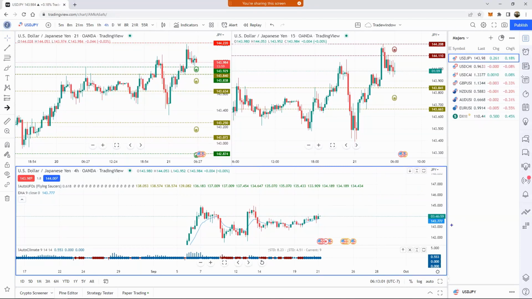However, while that gives us an edge, we also want to know where there might be potential orders that common indicators give us, such as the 9 exponential moving average, represented by this blue line here. The 9 EMA gives us that information. So we see that the current market price of the EMA is 143,777. That's where it's currently represented.